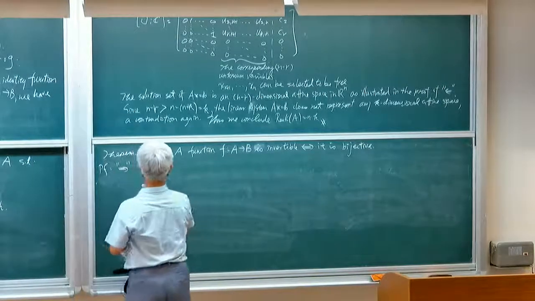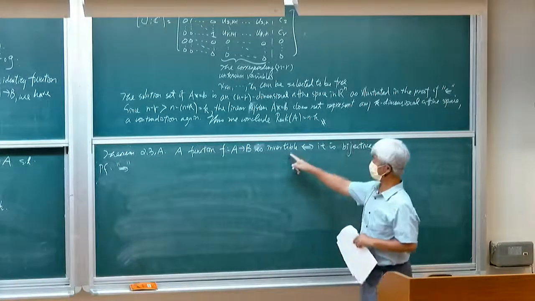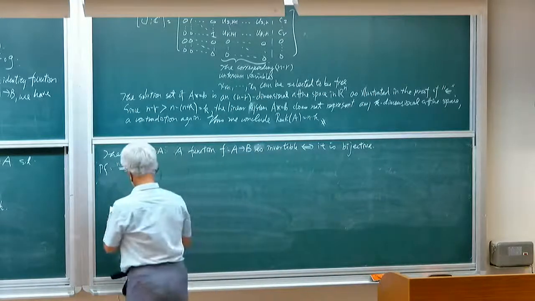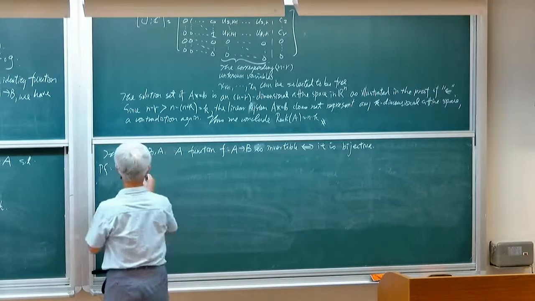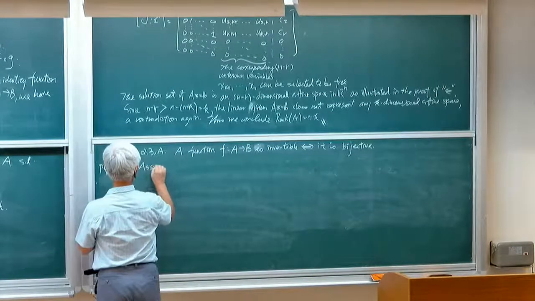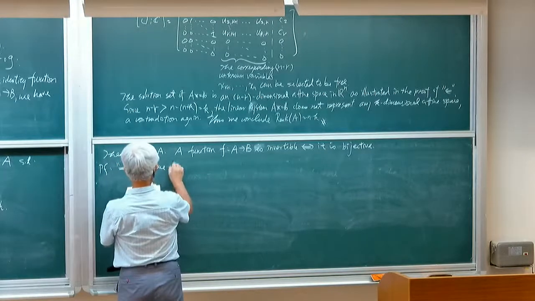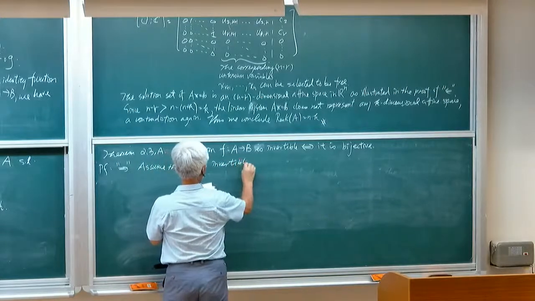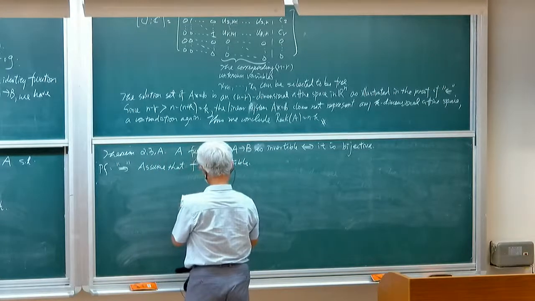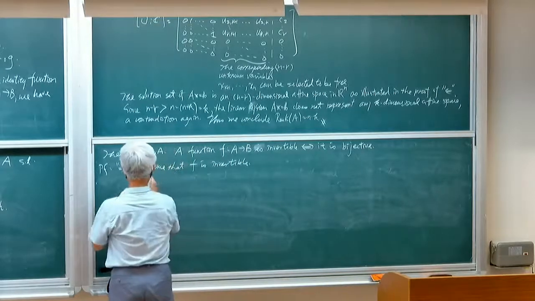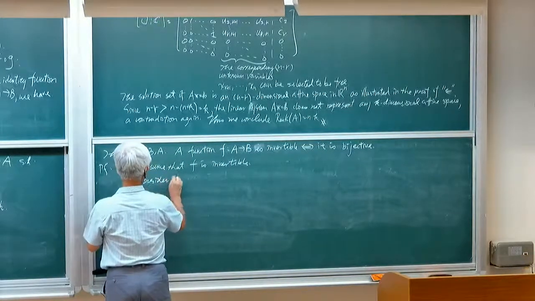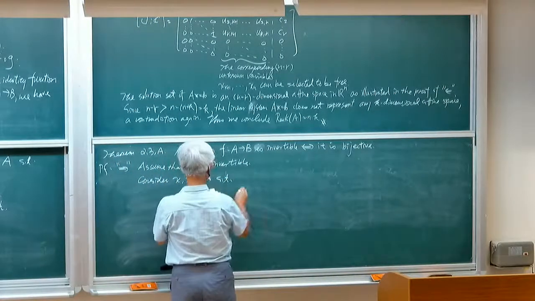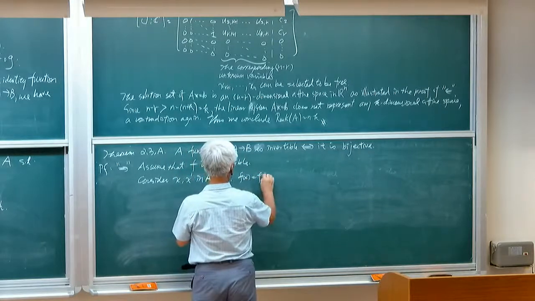The forward part says that when a function is invertible, then it should be bijective. So assume that f is invertible. Now consider x and x' in A such that f(x) equals f(x').